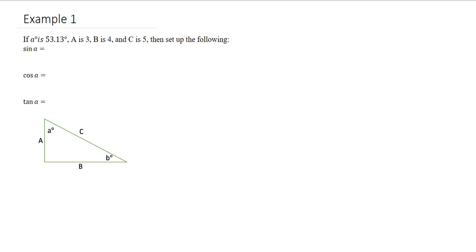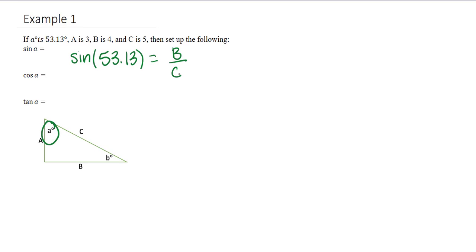So sine of A, this is the angle we're using. So sine, and then we're going to put in the angle 53.13 rather than just a theta. That's just generic for any angle. Now sine is equal to, remember, opposite over hypotenuse. So the opposite would be B over C.